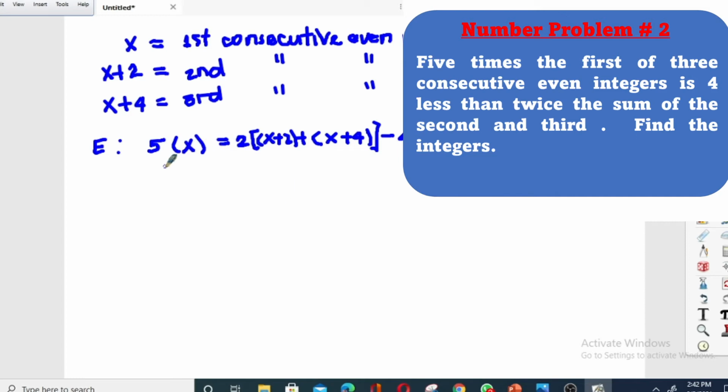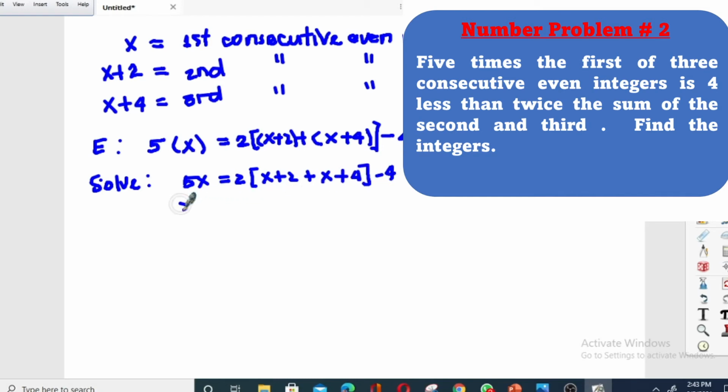So we have the equation already, then let us solve the equation. Let us simplify. 5 multiplied by x is 5x, is equal to, let us simplify first what is inside the bracket. Since this is just addition, x plus 2 plus x plus 4, minus 4.